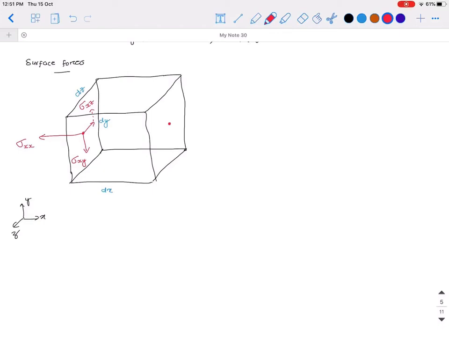Okay, so we are actually representing the effect of the surrounding by stress sigma. Okay, so it has two indices i, j. Okay, for example, i can be x, j can be x, y, or z. I mean, i and j can be either one of x, y, z.